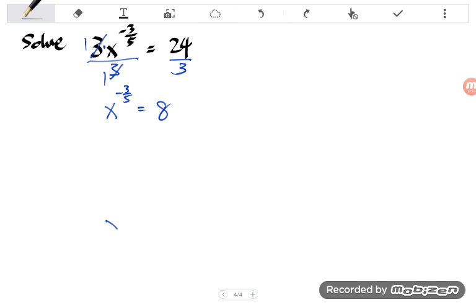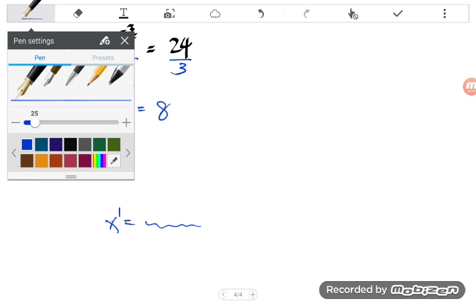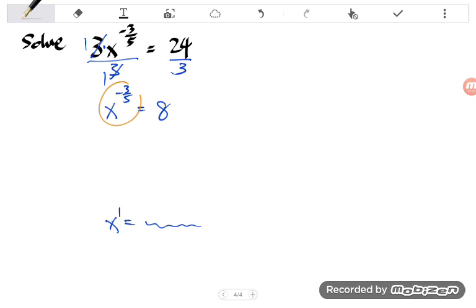So my goal in the end is to get x is equal to blah blah blah, and the x over here would have a power of 1, right? So my goal in the end is to find x is equal to something, and that x would have a power of 1. So I guess what we'll try to do now is to convert this into that. Okay, that's what we're gonna do.